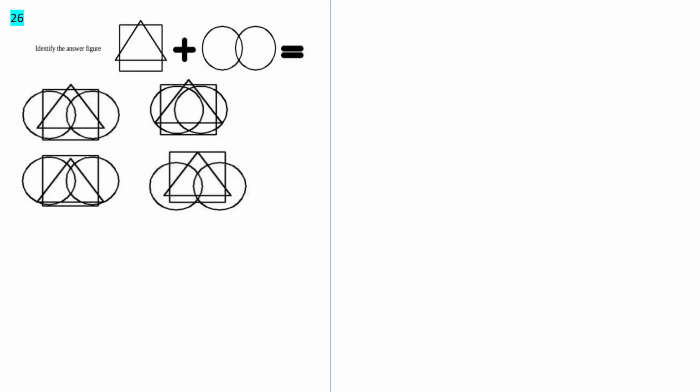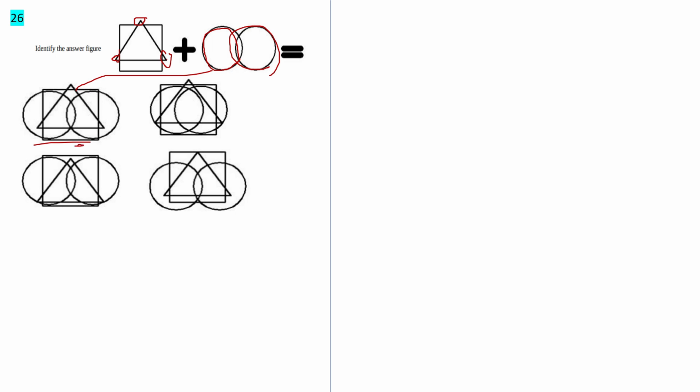Then we have to identify the correct figure. We have these 3 corners of triangles coming out of the square, and then we have 2 overlapped circles. If you look at pattern A over here, it is quite similar and satisfies all the needs, so let's keep it as an option.